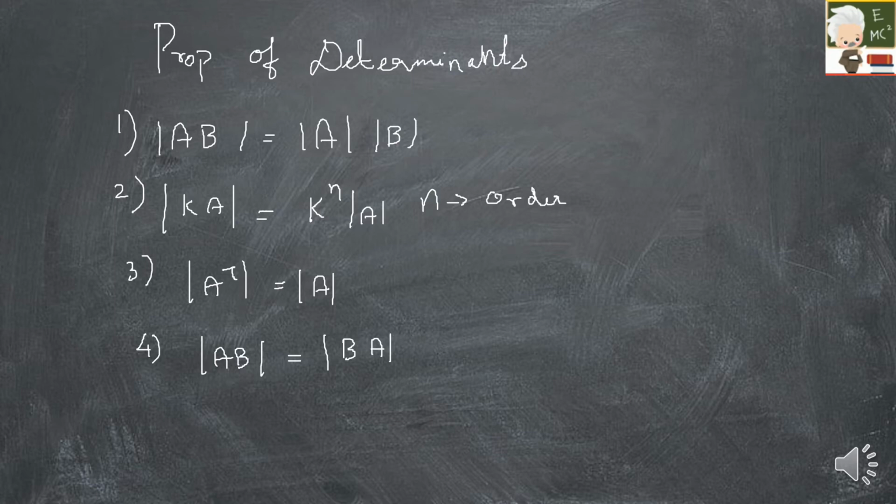Now I'm going to share a few tricks for particular types of matrices. First, if you have a diagonal matrix, I hope I explained what a diagonal matrix is in my previous video. If you have not watched, I'm giving the link in the description box.